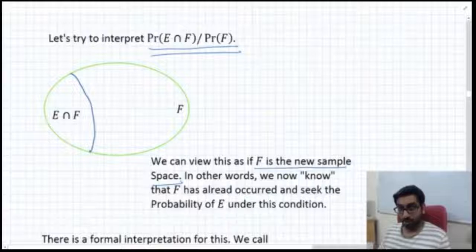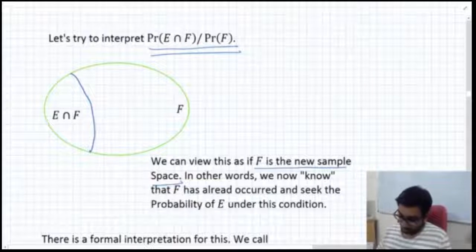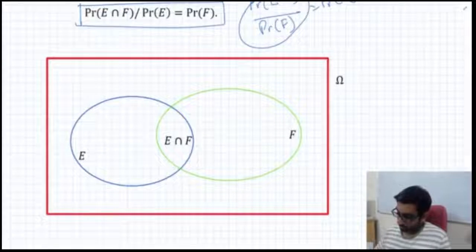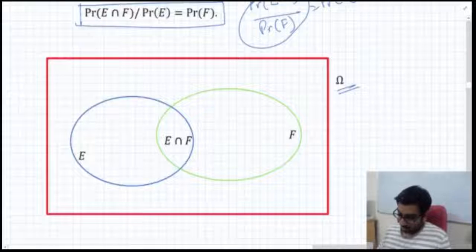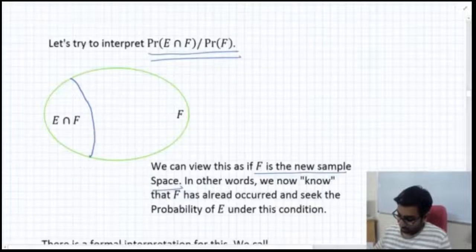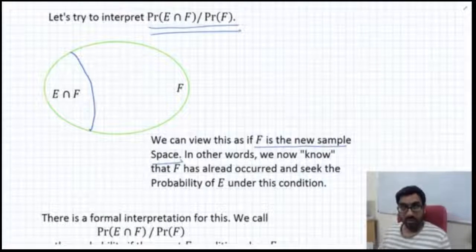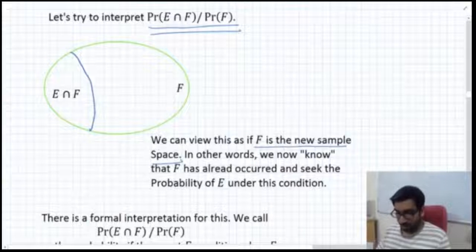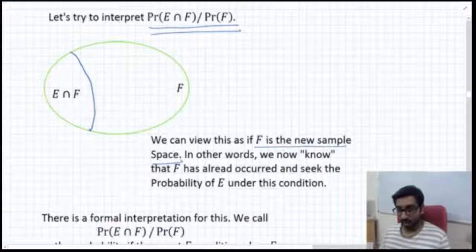So the probability space now looks like this: F is the entire space, and E intersected with F. Previously, if you recall the Venn diagram, there was the full sample space, there was F over here, E over here, and of course E intersected F over here. Now the new sample space is just F, and we have just the part E intersected with F. So this is the new picture we get by looking at the left hand side.